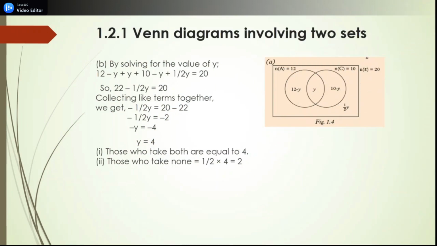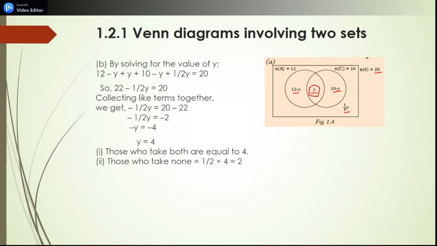Then by solving this, in the universe we have 20. We add all elements we have in this set: you add 12 minus y, you add y, you add 10 minus y, you add 1 over 2 y, because 1 over 2 y is a half of the students who take both.